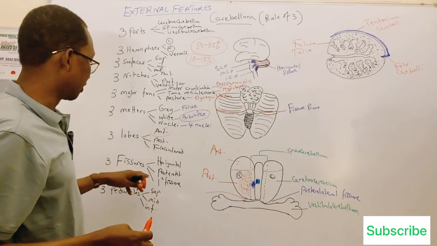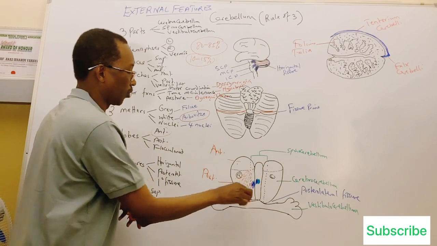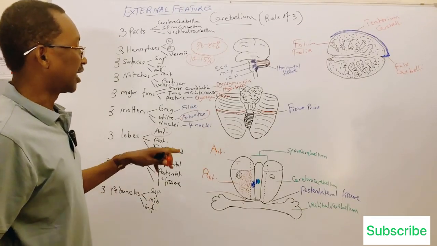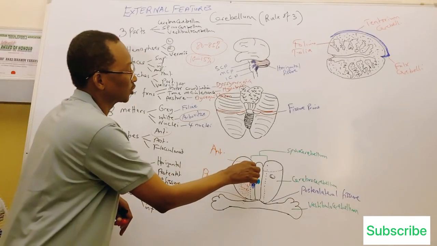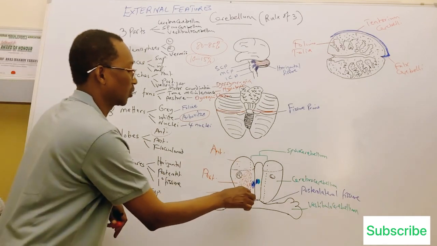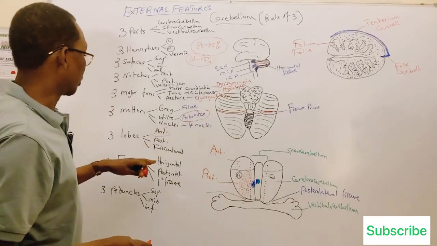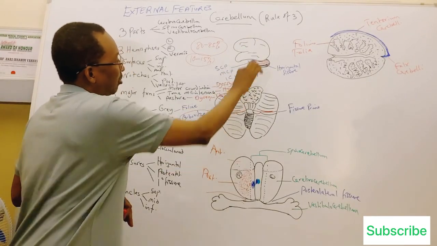The other one is the posterolateral fissure, which separates the posterior lobe from the flocculonodular lobe. And then the primary fissure separates the anterior lobe from the posterior lobe. So this is the primary fissure, and this is the posterolateral fissure between the posterior lobe and the flocculonodular lobe. The horizontal fissure is between the upper part of the cerebellum and the lower part.